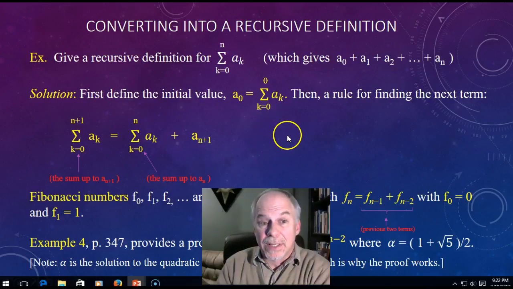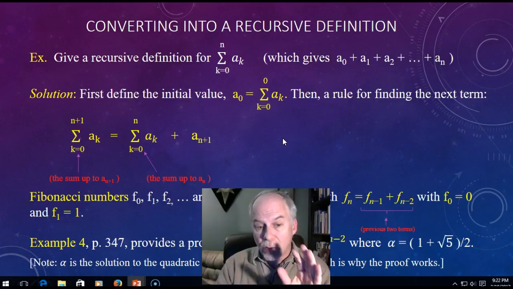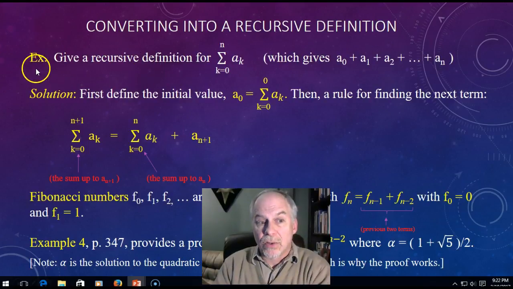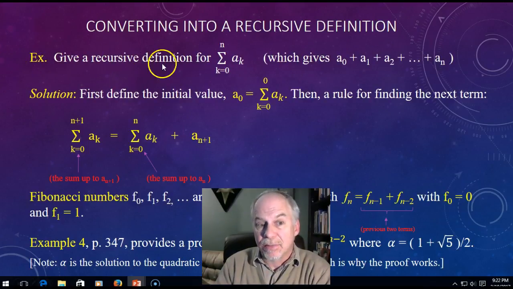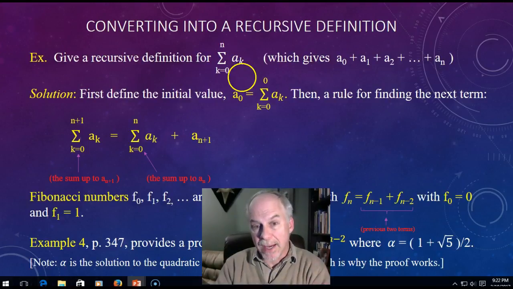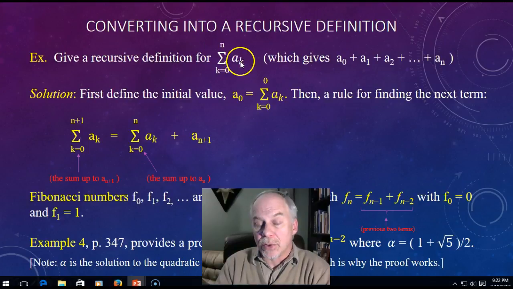All right, let's look at how to convert a formula or a sequence into a recursive definition of the sequence. So here's an example. It says give a recursive definition for the summation from k equals 0 to n of a sub k. Now a sub k is just the term with subscript k, and all we're doing is adding those terms up.